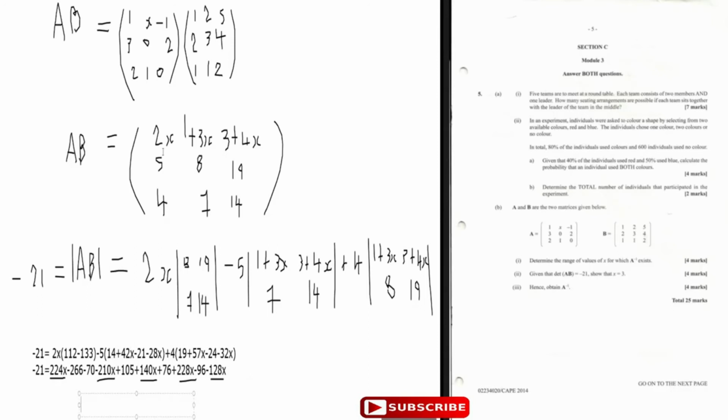All right, let's remove this line and simplify from here. Just going to simplify inside the brackets first. 2x into 112 minus 133 is minus 21. Minus 21 times 2, that's minus 42x. Then I'm going to simplify in that bracket to be 14 minus 21 is negative 7 times minus 5.